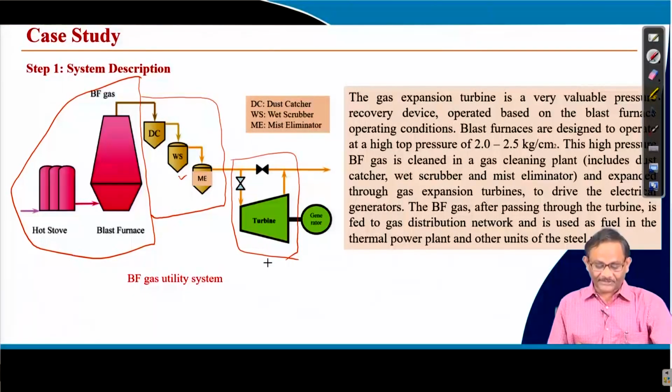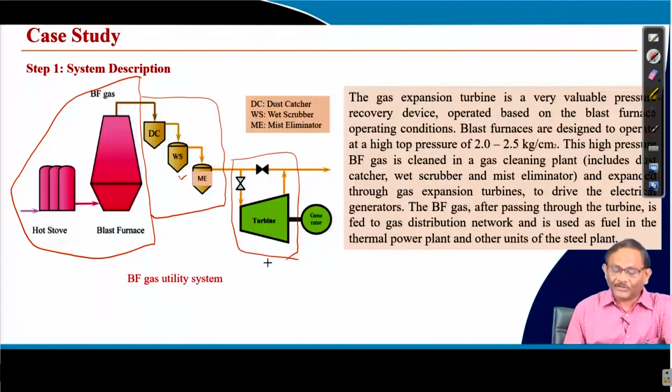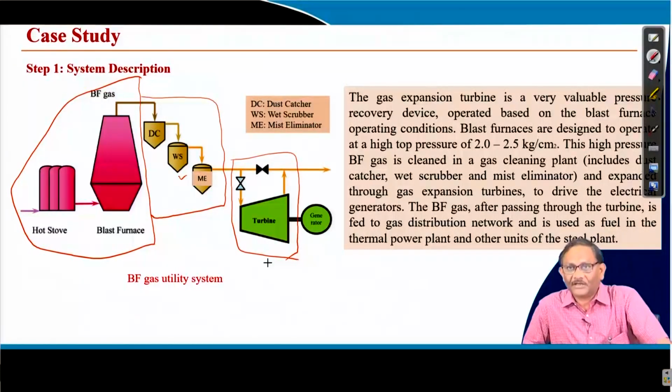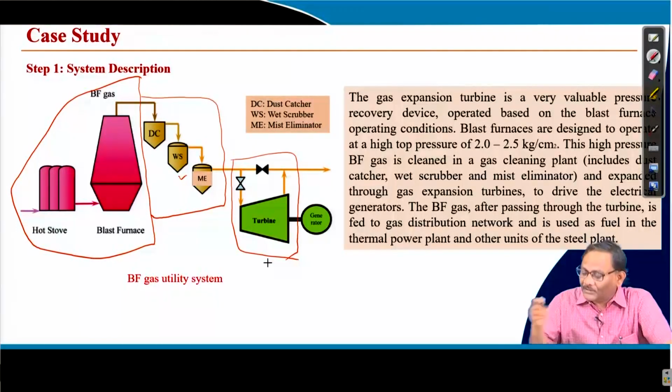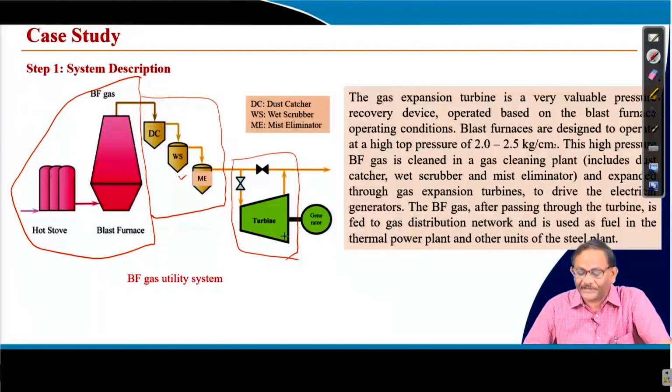So what is happening is that the gas expansion turbine expands the gas, and finally the utility equipments are using this, and you can generate electricity. You can also use this gas for utility equipment functioning, that may be burned and given as fuel to the equipment whatever is needed.